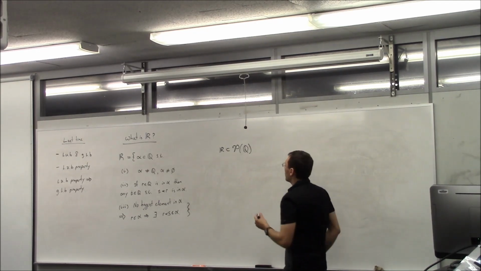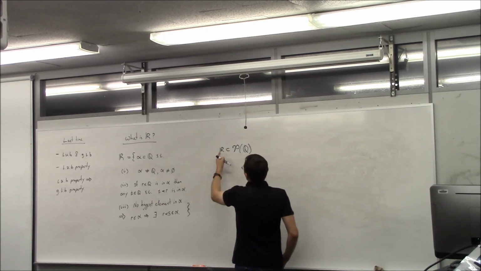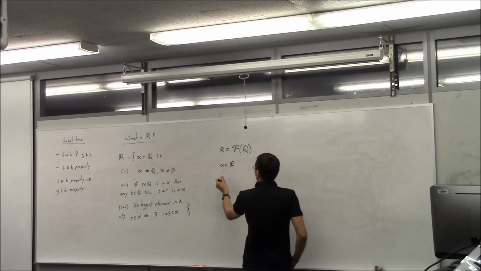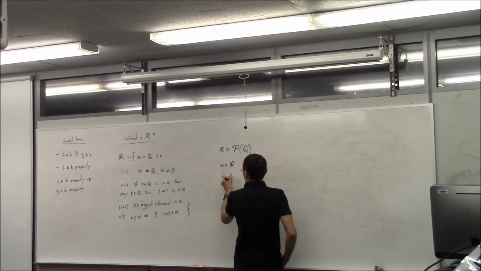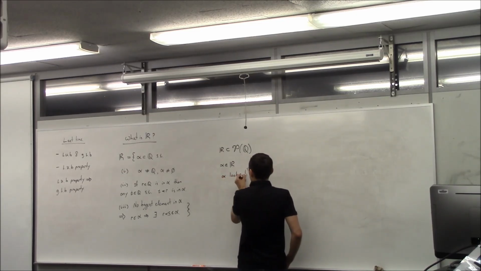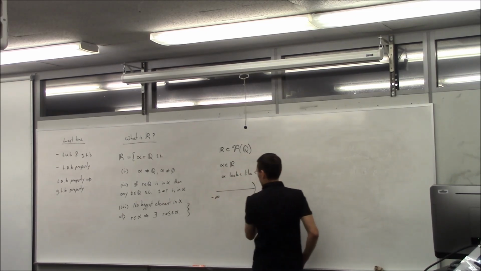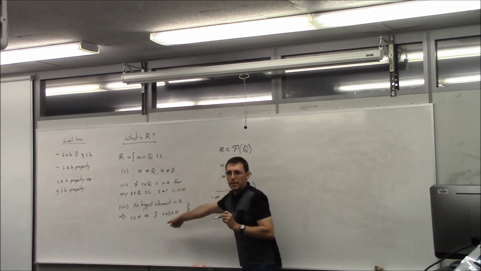Now, if I have alpha as an element in R, you can say alpha looks something like this: minus infinity to something. That's what this description makes it look like.